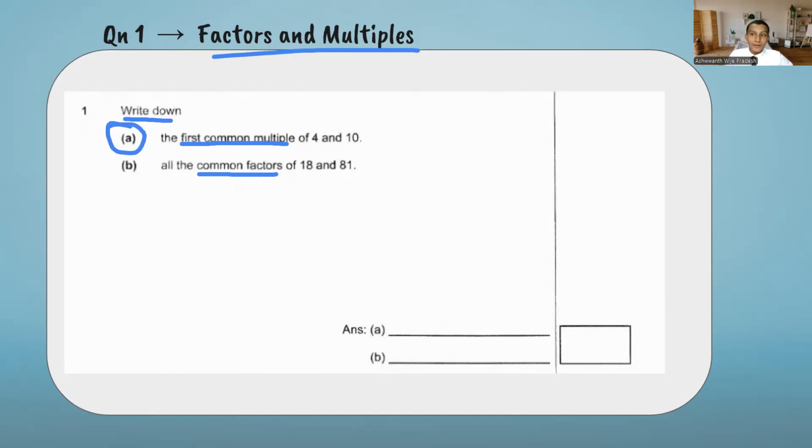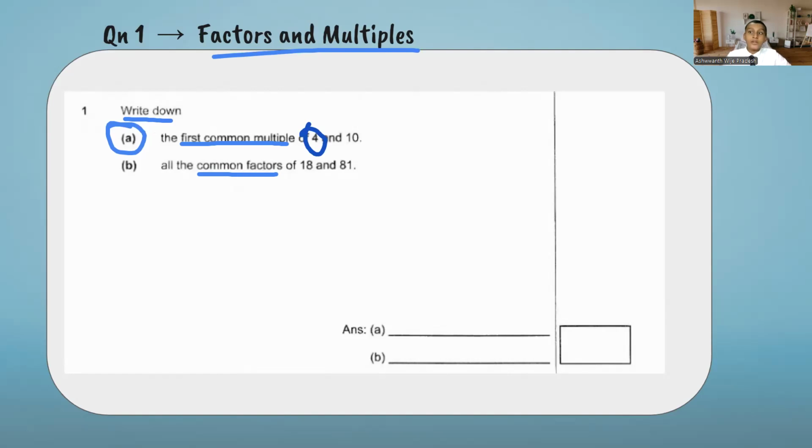So what is a multiple? A multiple is an answer when we multiply any number by a multiplier. So let's say the number is 4. What is the first multiple of 4? 4 times 1 is 4.